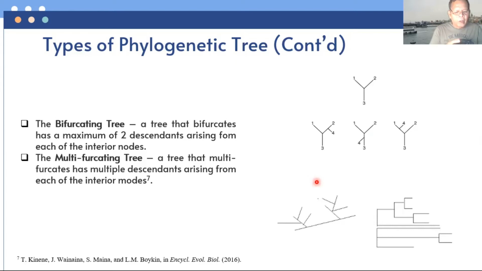In contrast, a rooted multifurcating tree may have more than 2 children at some node, and an unrooted multifurcating tree may have more than 3 neighbors at some node.